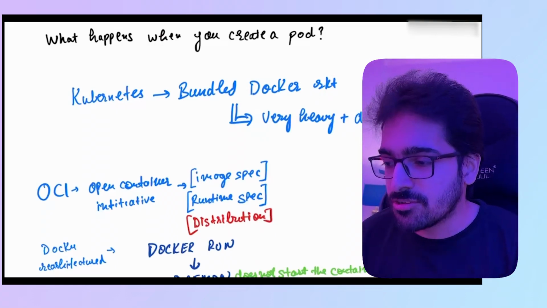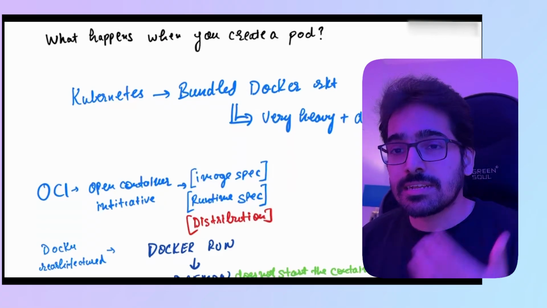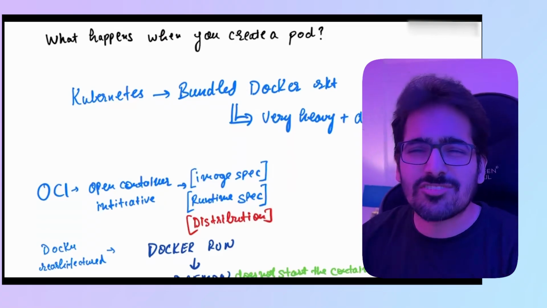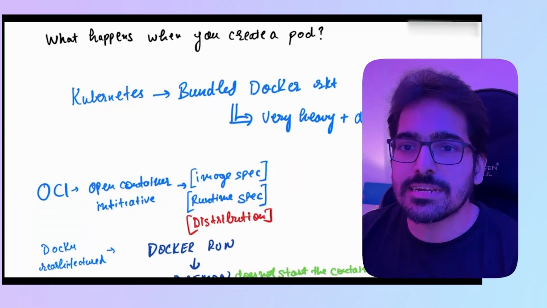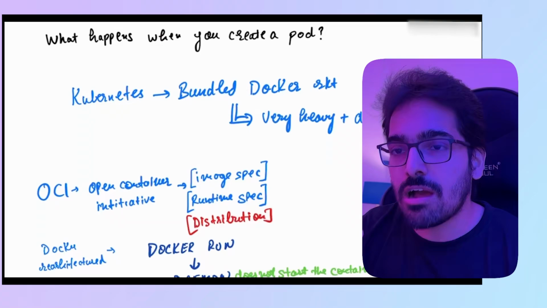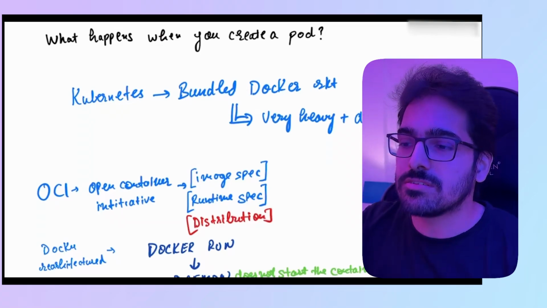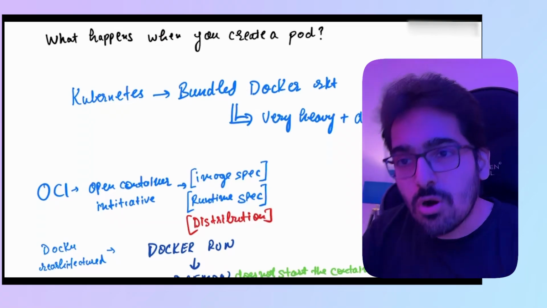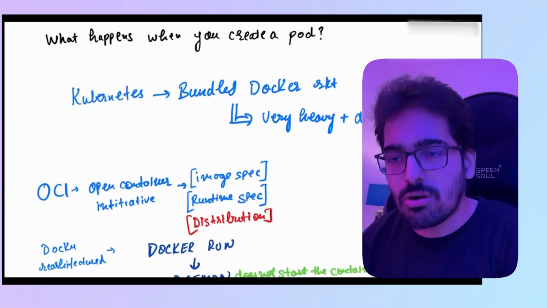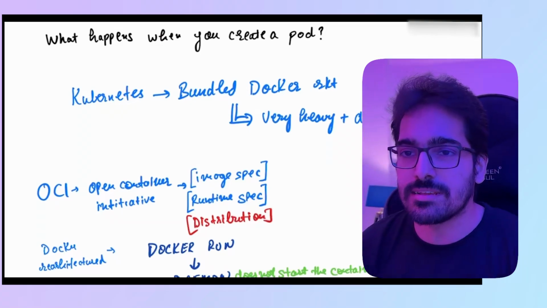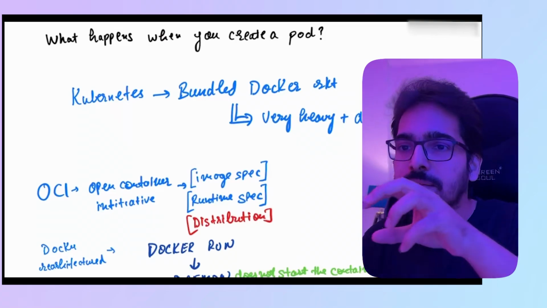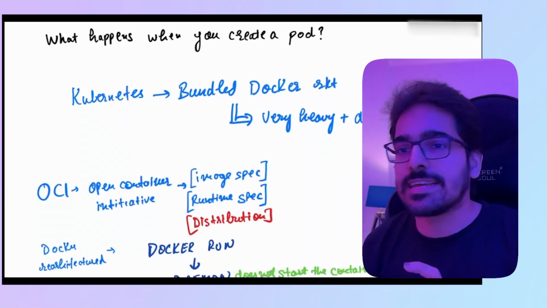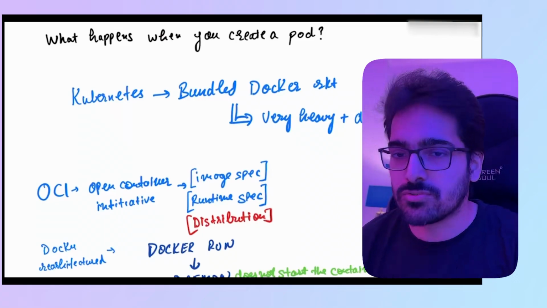So the best thing at that point of time, around 2016, was to create a standardization, a specification, and start building towards a road where we do not have to bundle Docker within the Kubernetes code base, and we can just have those interfaces lined up and people can plug and play their own choice of container runtimes that they want to use.